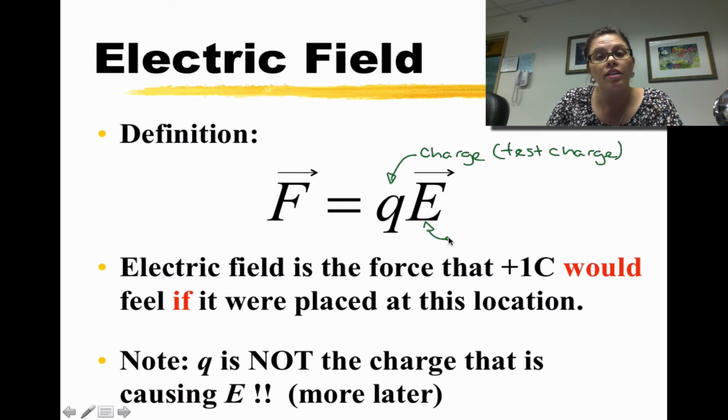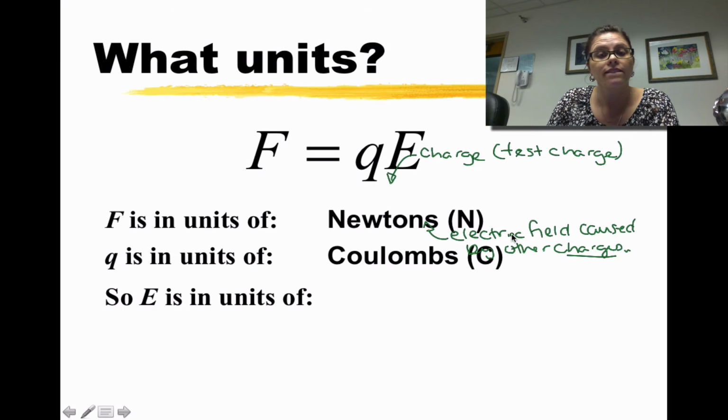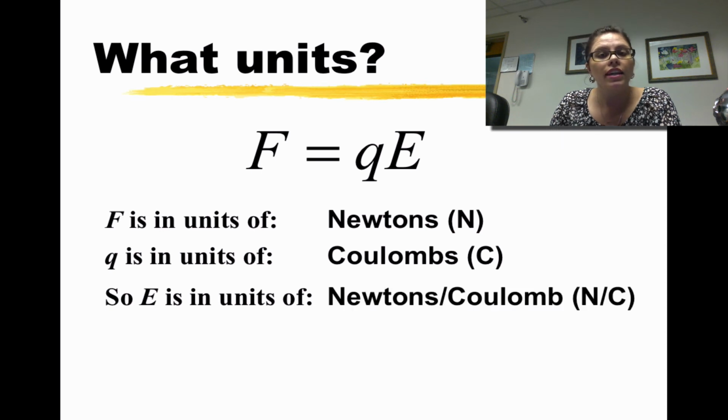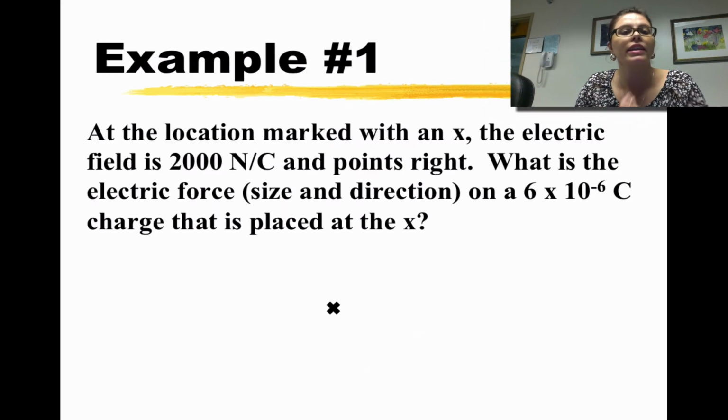E is the electric field caused by other charges. Okay. So F is measured in newtons, Q, charge, is measured in coulombs, and E is measured in newtons per coulomb, or for each coulomb. So let's work out an example.